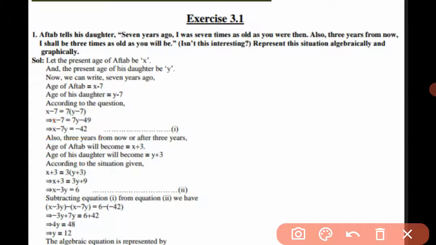Similarly, for making the second equation, 3 years from now, the age of Aftab will be x plus 3, and the age of his daughter will be y plus 3. According to the situation, after 3 years he will be 3 times his daughter's age.